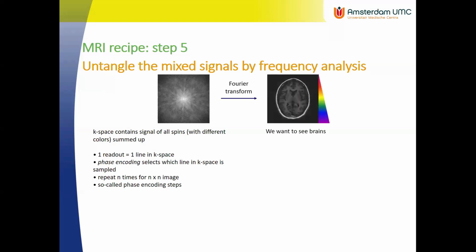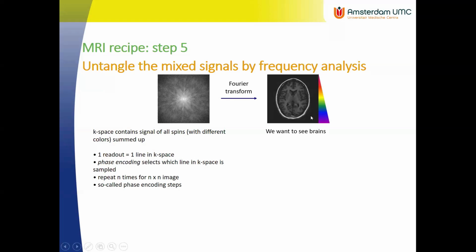And then what I do is a mathematical trick, which is called Fourier transform, and it basically transforms frequencies into position. So basically the Fourier transform says how much signal there is for each color of light, and then it puts that into my image.